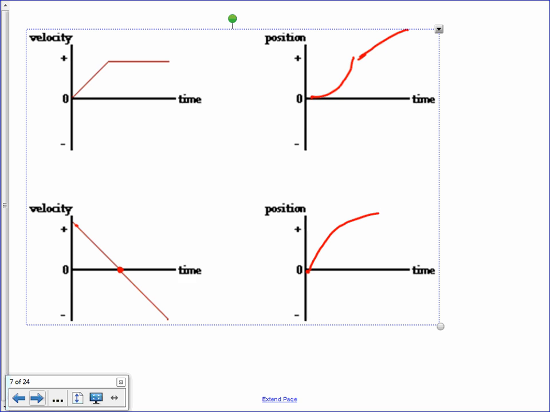Wait a minute, but our velocity is negative now. That's interesting. What does this look like? It looks like maybe a ball you throw up in the air or something. So let's keep that in mind. And notice that the velocity being zero doesn't mean we're back at the beginning. It means that we've just stopped moving for a second, and then we're starting to go down again.